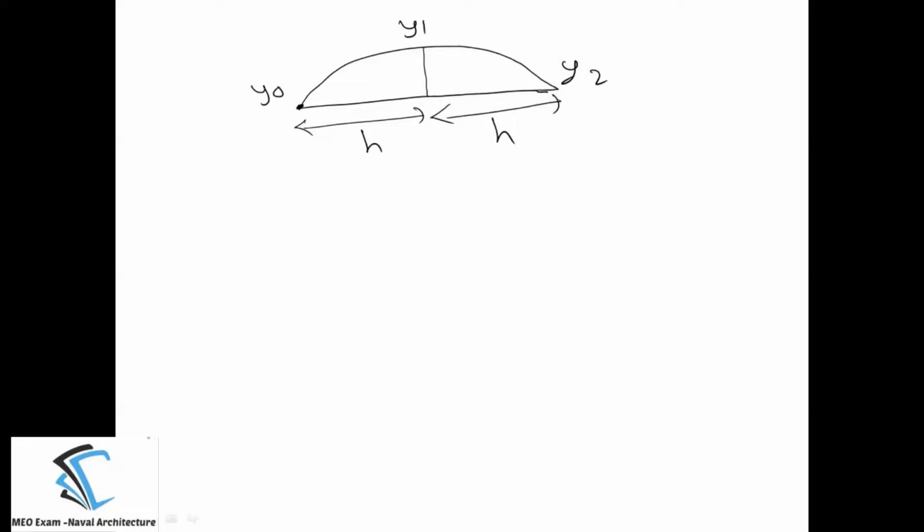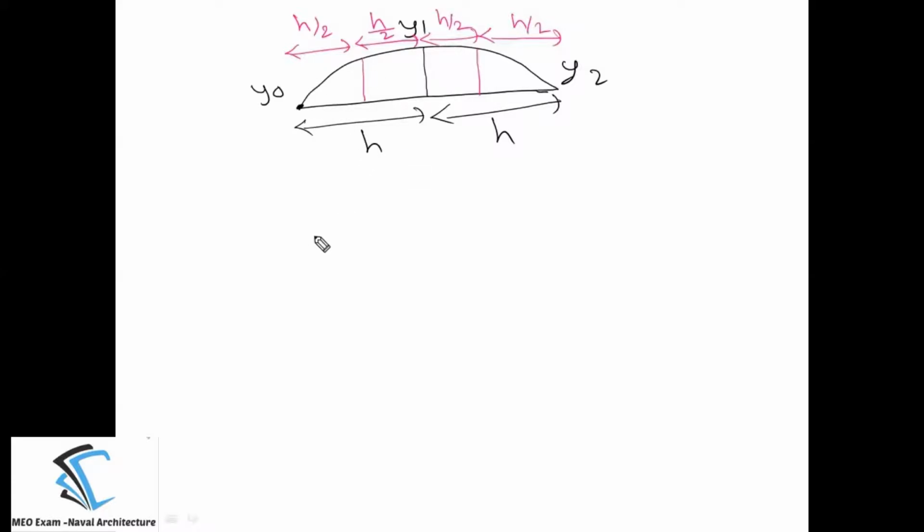Now suppose I have a few more ordinates, and I put them at the half interval. Now these are the half intervals. You have half intervals, not full intervals. Half interval means h by 2.